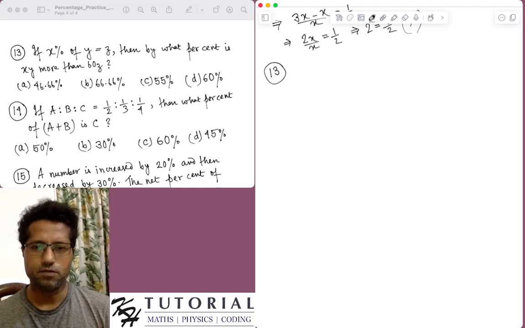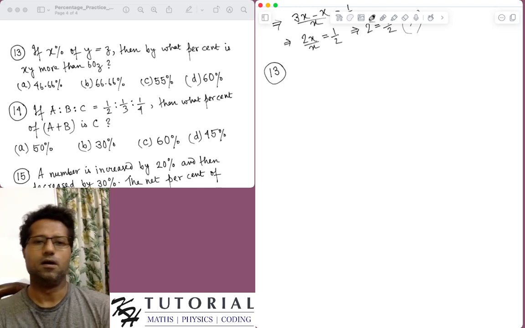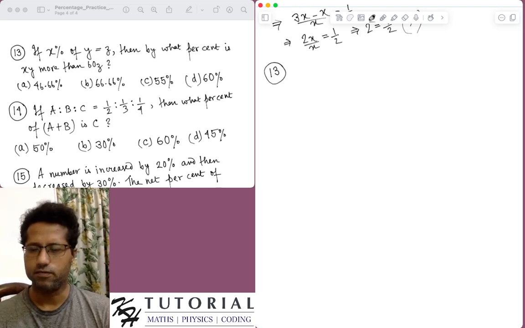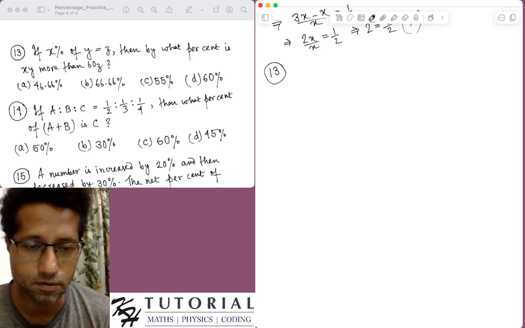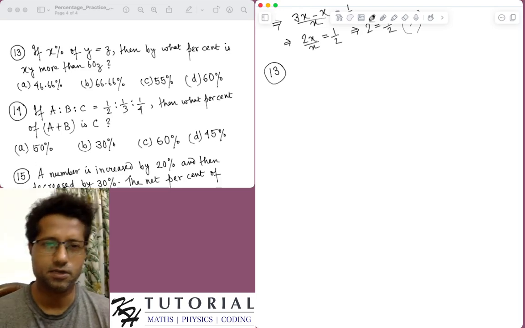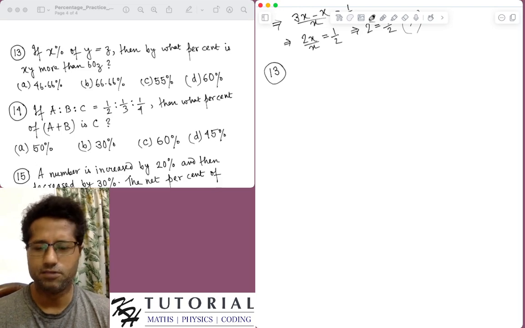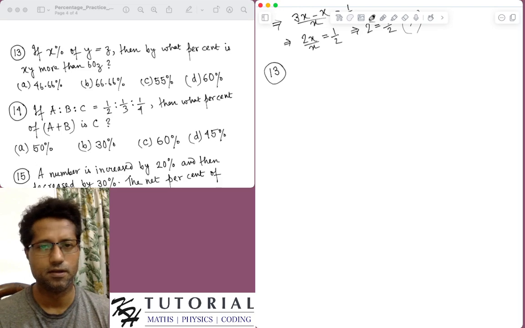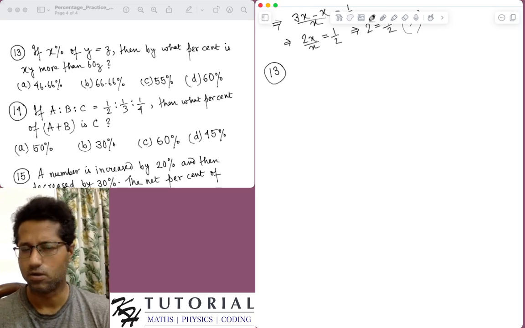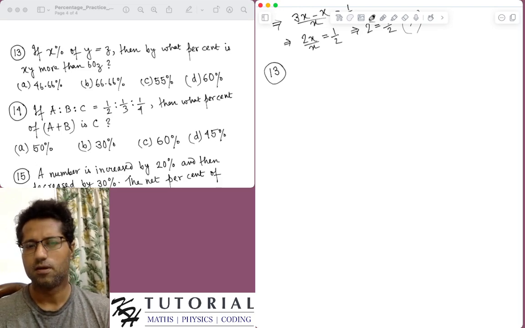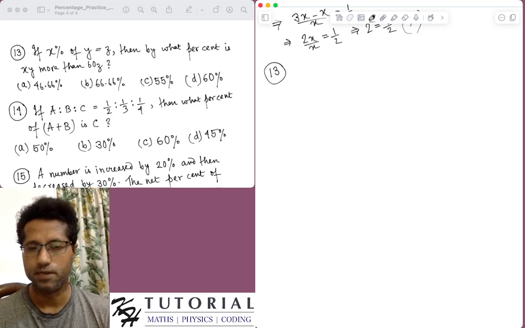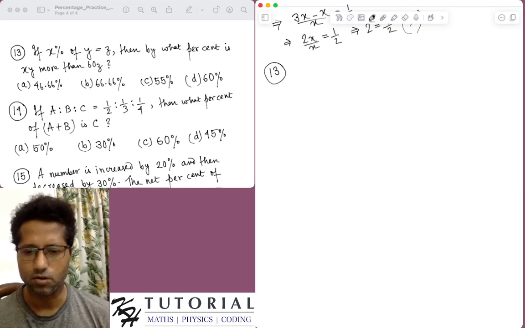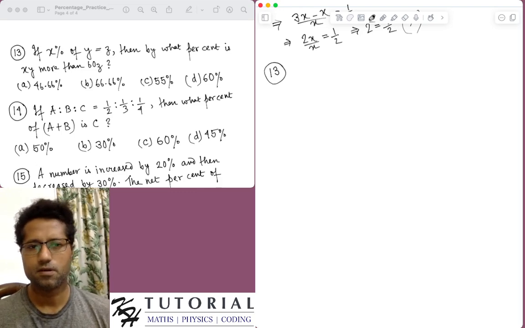For a piece of advice, whenever you are solving percentage problems, please try to have the very fundamental concepts of percentages very clear, like percentage of, increase by percent, decrease by percent. If these concepts are very clear, and you go by the fundamental concepts and approach, you can obtain a very simple approach to solve a problem.